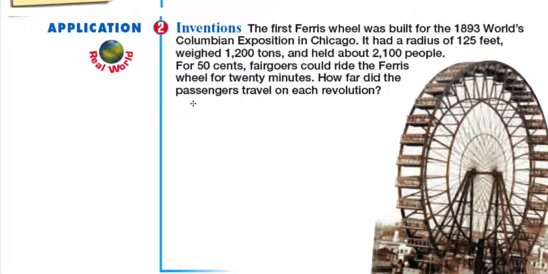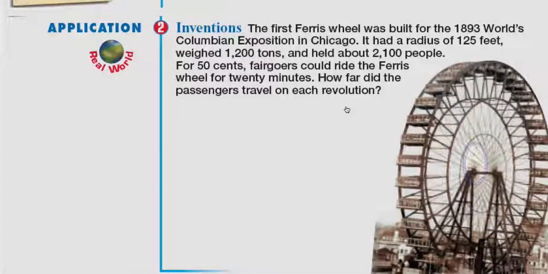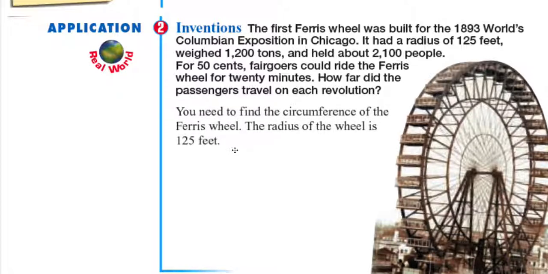When you talk about how far the passengers traveled for each revolution, it's asking what is the distance around the Ferris wheel, and the distance around the Ferris wheel is our circumference. So in this case, we need to find the circumference of the Ferris wheel, and the radius of the Ferris wheel is 125 feet.